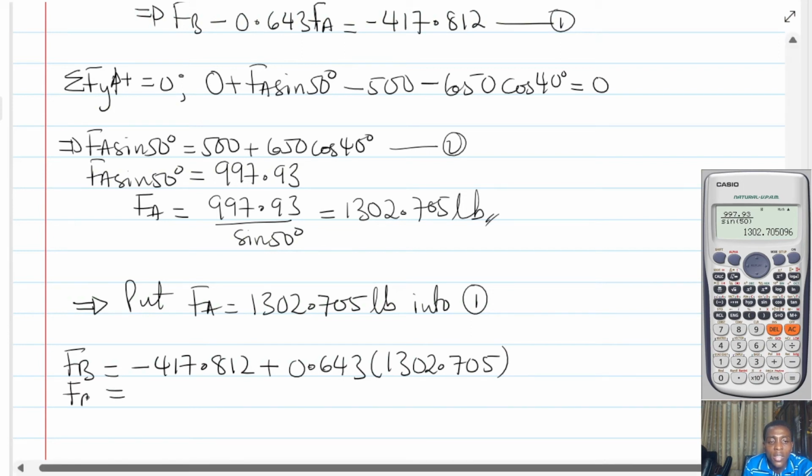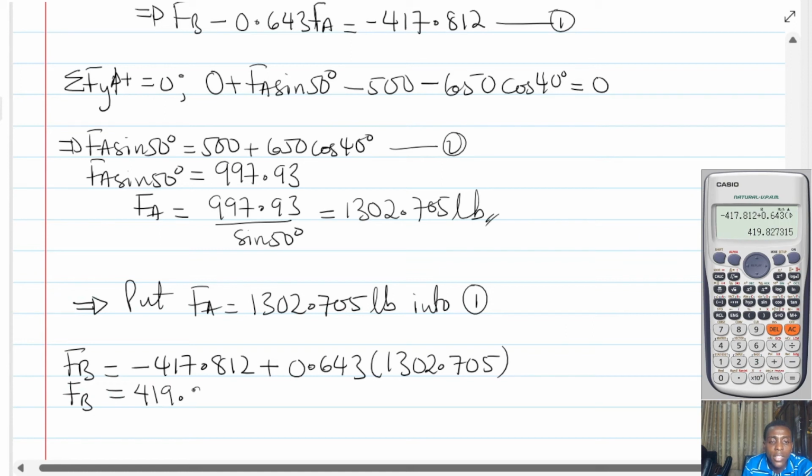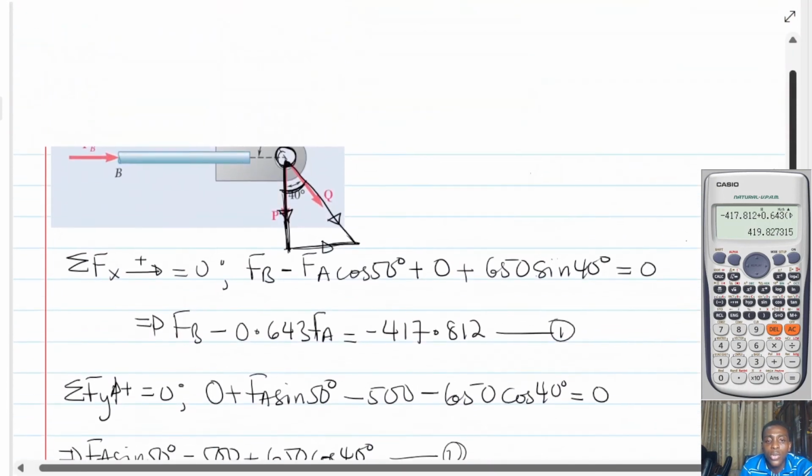Therefore, FB is going to be minus 417.812 plus 0.643 into 1302.705, and that's going to be 419.827 pounds. So that's FA and FB for you.